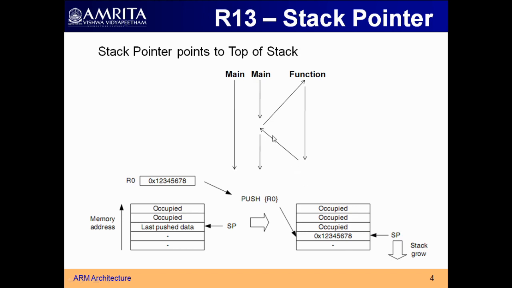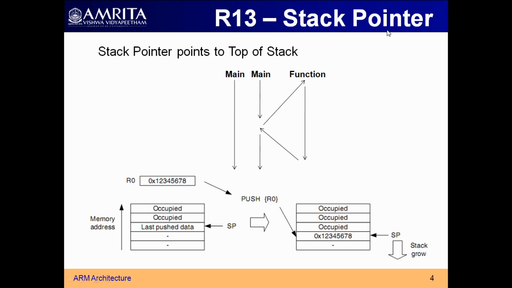So whenever you are moving from a main program to a function, you need to store the intermediate result somewhere. That intermediate result will be stored in a memory area known as stack, and to which location in that memory area you should store the intermediate result is decided by the stack pointer, right? So R13 is having a special functionality known as stack pointer.